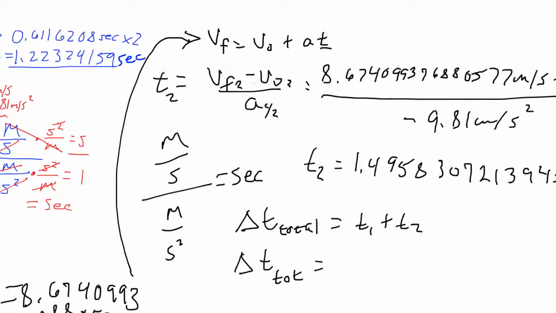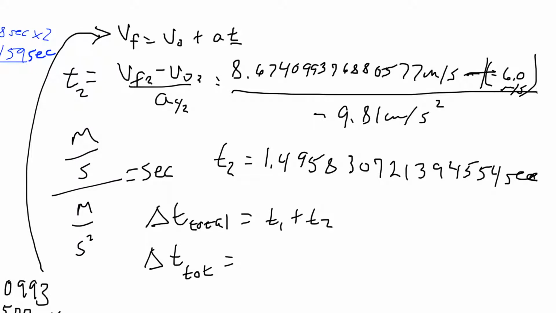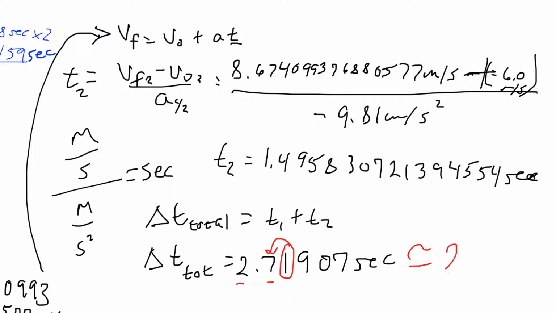When I add all of that together, I get 2.71907 and then some other stuff after that. Now we can do our sig figs. Here's the first one, here's the second one. This third place value does nothing to our last significant digit, so our final answer is 2.7 seconds. It takes the ball 2.7 seconds to get back down to Earth.